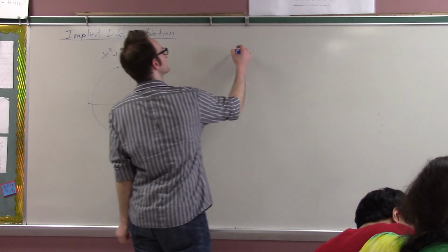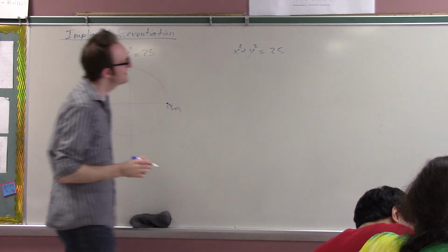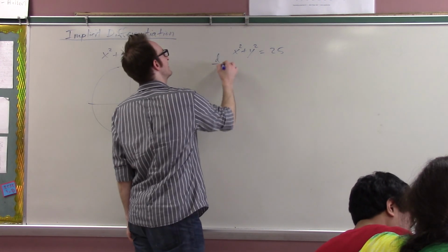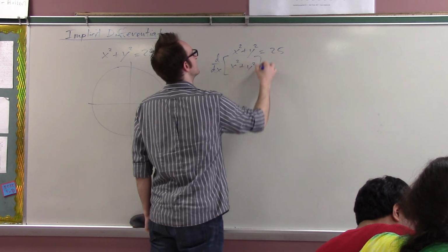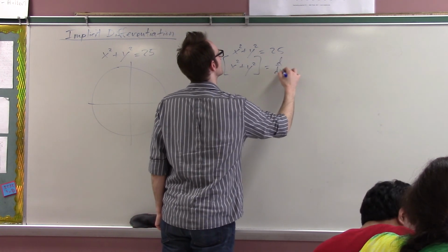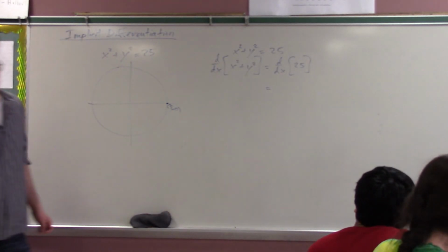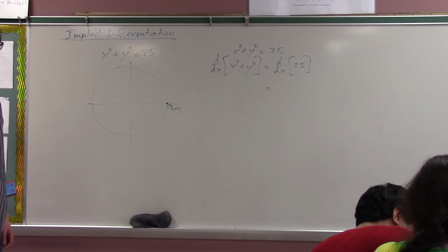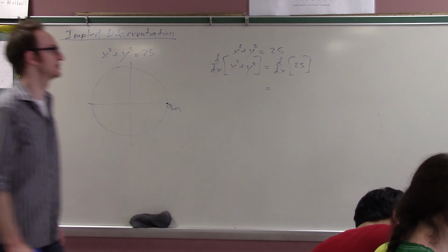So I get x squared plus y squared equals 25. Now I'm going to take the derivative with respect to x of both sides of this equation, whatever that means. What did I get on the right-hand side? 0.